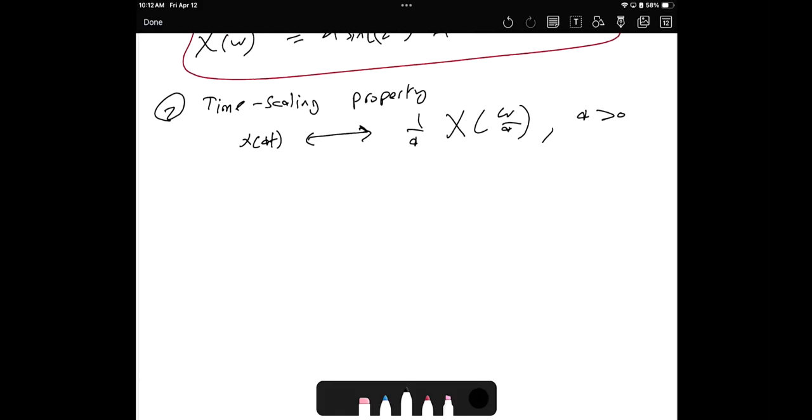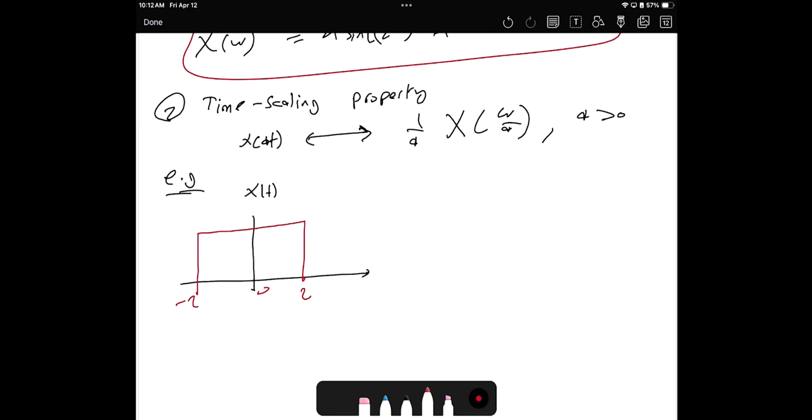Let's assume this example: we have x of t like this, from minus 2 to 2. So we can say the amplitude A equals 2 and the width equals 2 minus negative 2, which is 4.